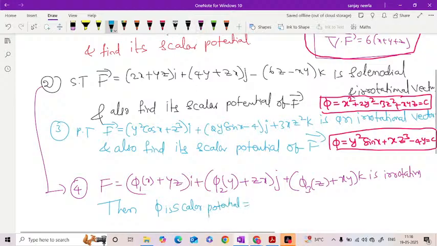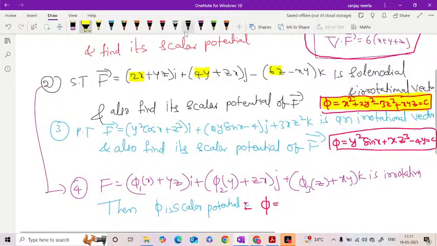Can anyone tell the results? What is the expected result? Just observe the second question result: x square, 2y square and minus 3z square.